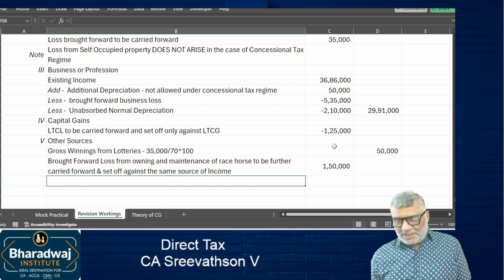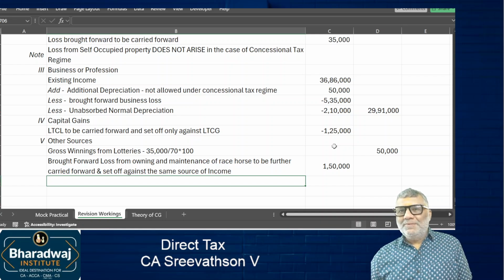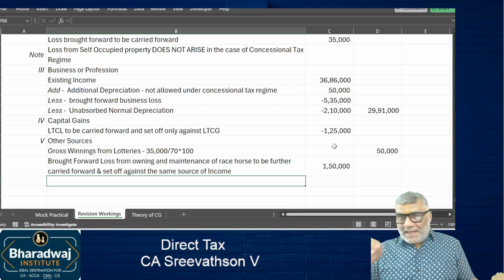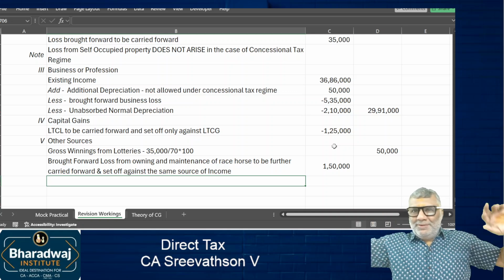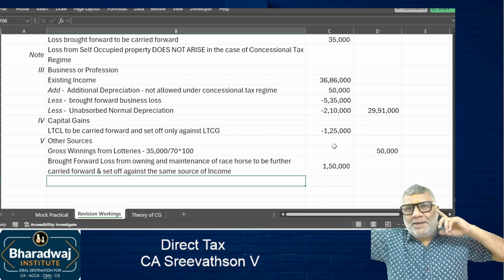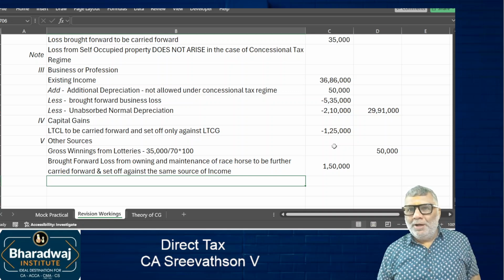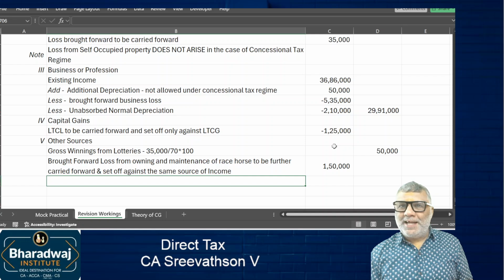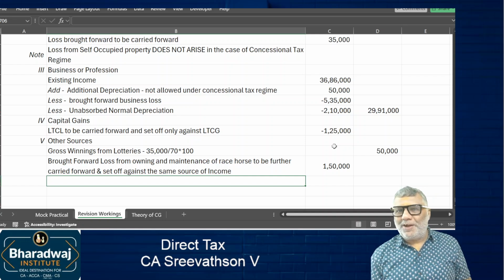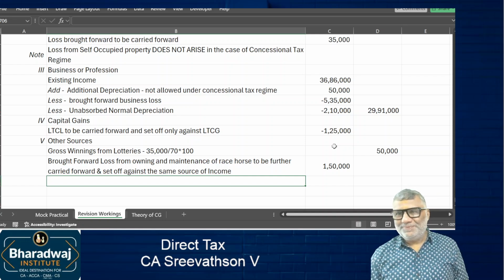You should first set off this 80,000, and only then the brought forward loss, because the 8-year period might have started from that year. What you are trying to do is, now I will set off this 50,000, and from this year I will take another 8 years to set off this particular loss. Not acceptable, boss.